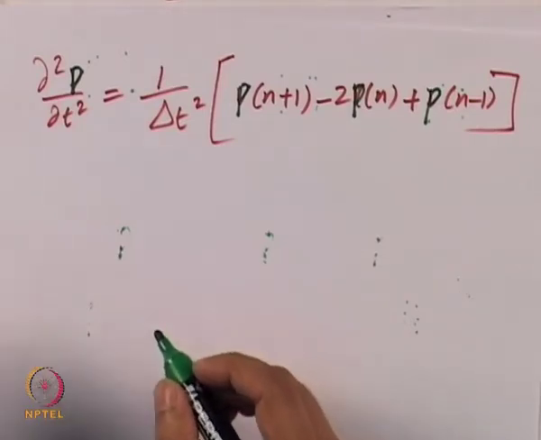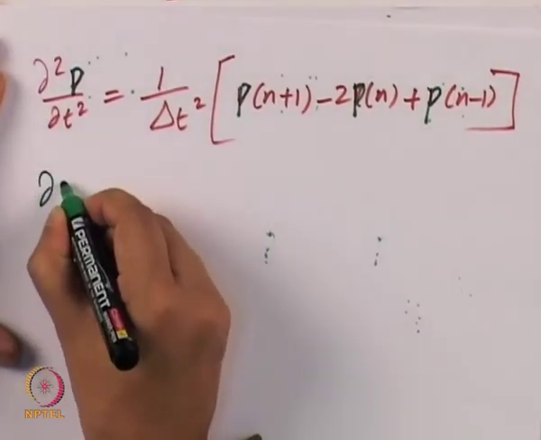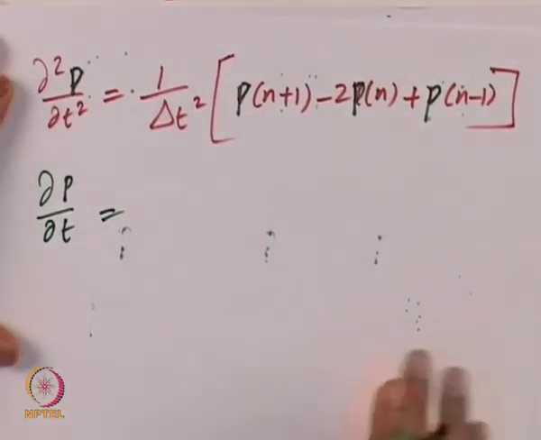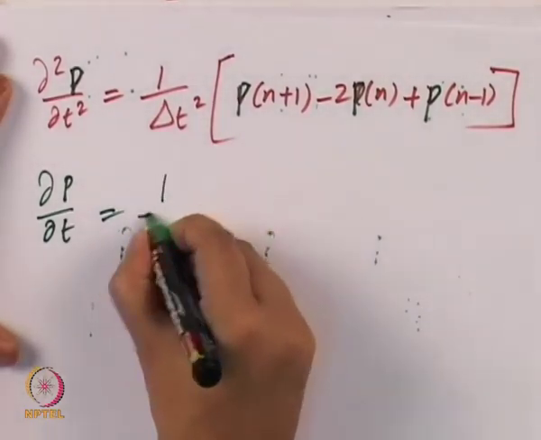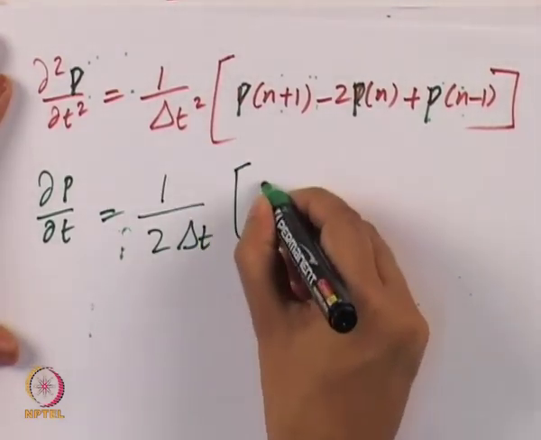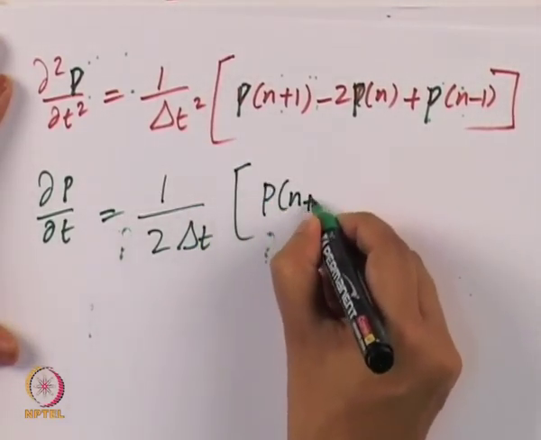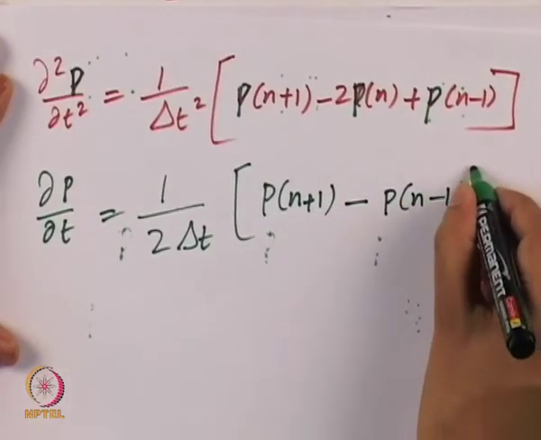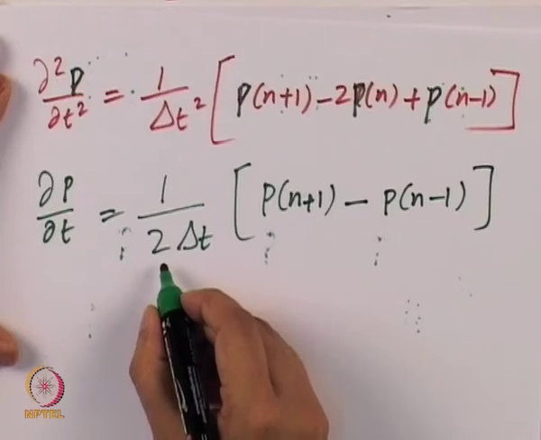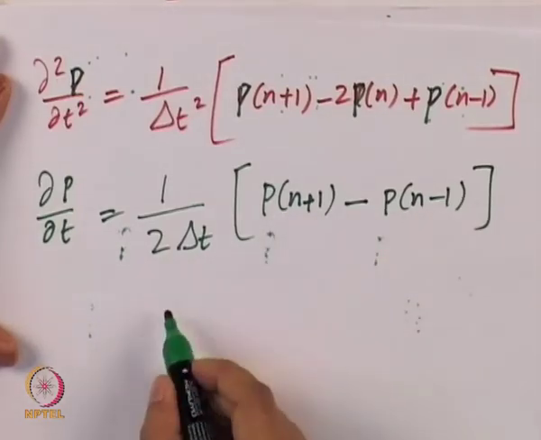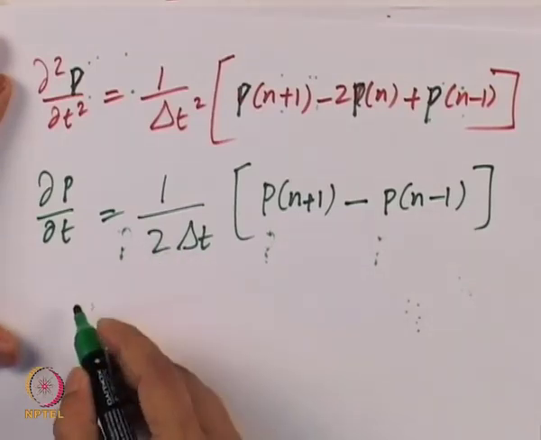We can also write the first derivative in t is equal to 1 by 2 delta t times p of n plus 1 minus p of n minus 1. What I have done is taken a central differencing between p of n plus 1 and p of n minus 1, which is why I have 2 delta t here.